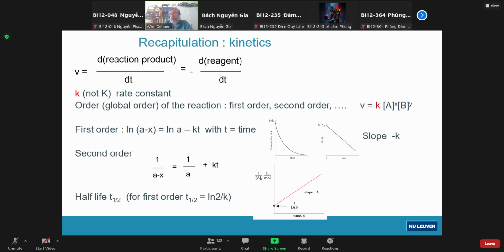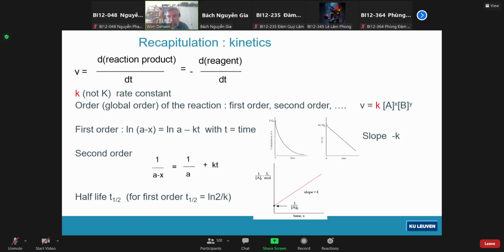The first order is the most simple. It's a logarithmic equation. And so that means if you would not use the logarithm, but you just look at concentration in function of time, you get the curve. That's the first graph that you see there. So from this curve, it's not so easy to make conclusions.